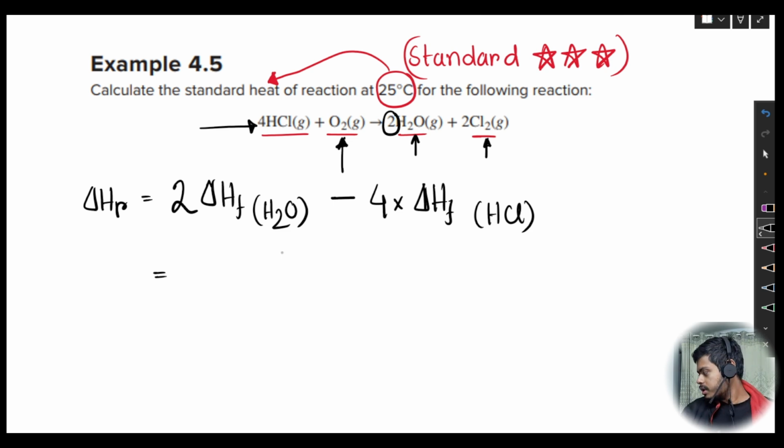So we're using the data from this book, Chemical Engineering Thermodynamics by Smith, J.M. Smith, and Abbott and Van Ness.